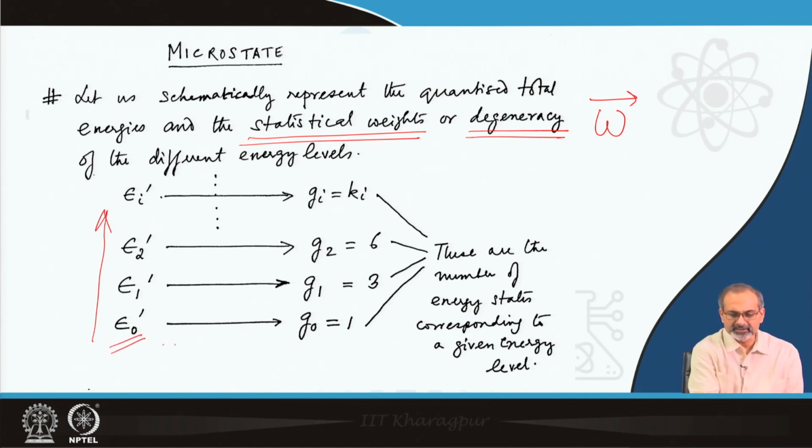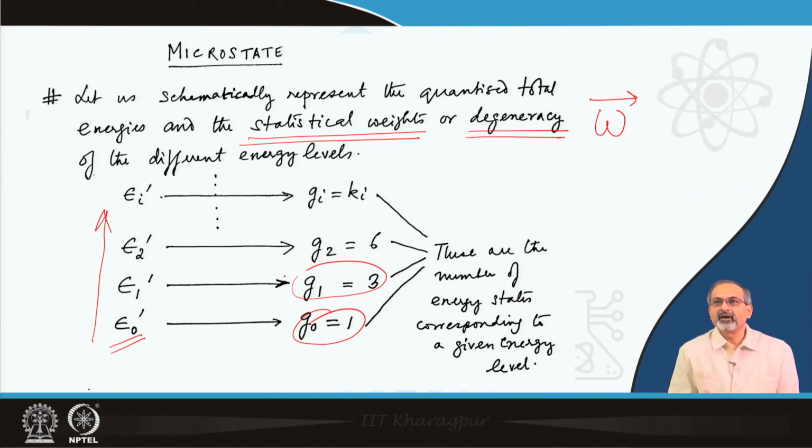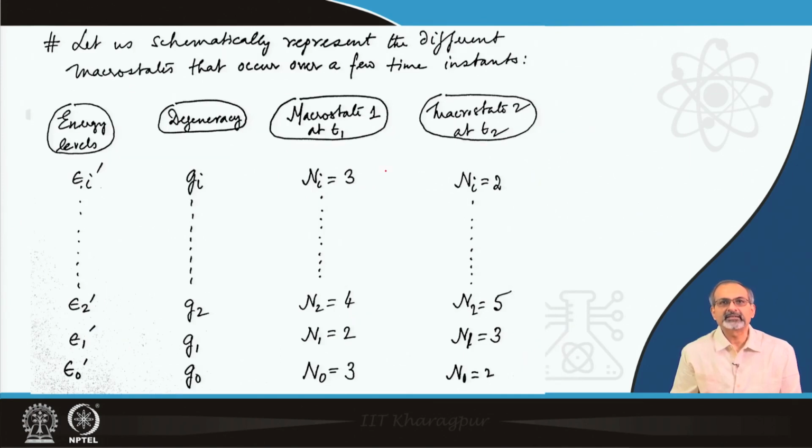So, let us say at this energy level the possible quantized state is 1, therefore G0 will be given by 1. Similarly, in the other energy levels you would have other sets of states, and here you see that for epsilon 1 dash you have 3 energy states and so on. This way, the number of energy states corresponding to a particular energy level will decide the degeneracy. We will discuss it at length in the next lecture.